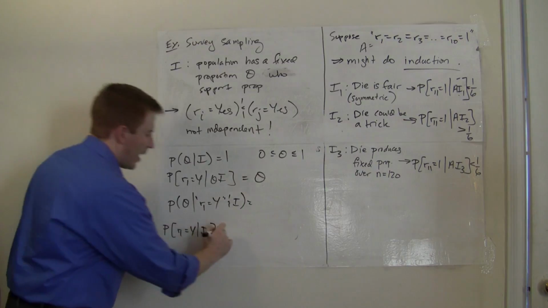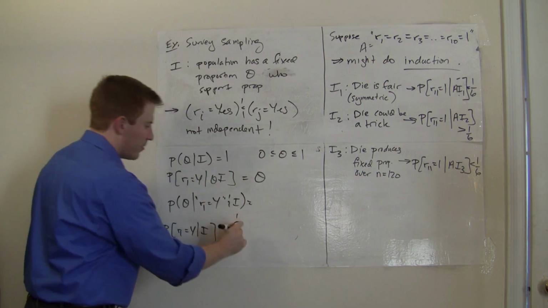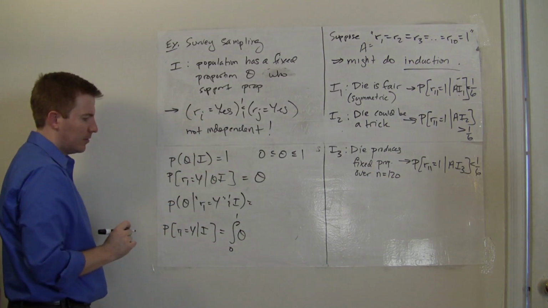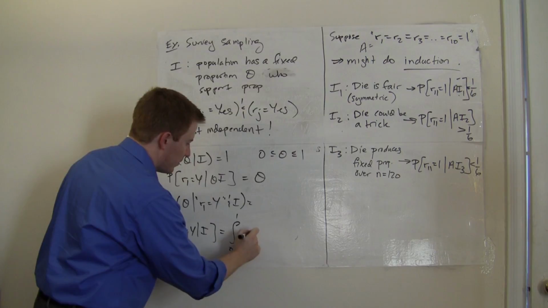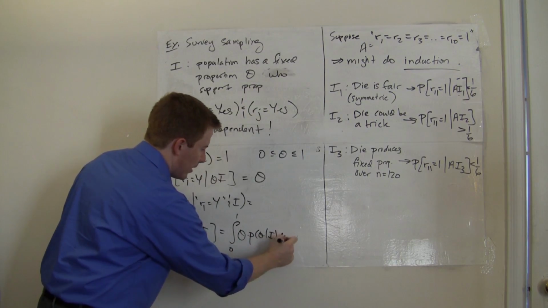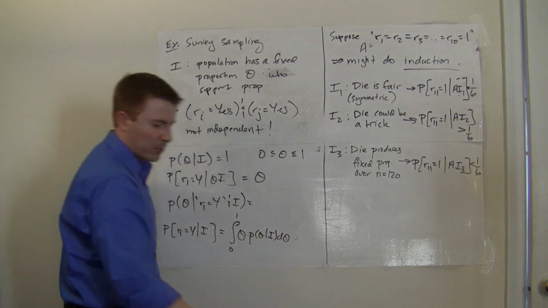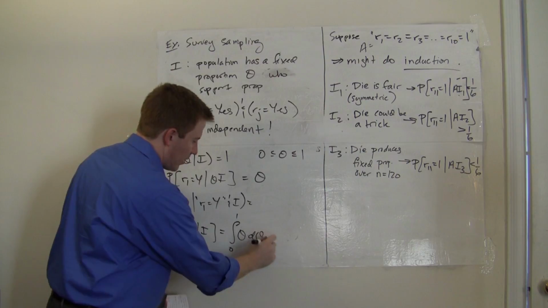now not conditional on that, we would say is the integral over all these possible thetas of theta, the parameter, times its prior probability distribution. Okay, prior probability distribution of theta, d theta. That prior we assumed maybe was uniform. Okay, so that's just theta d theta.